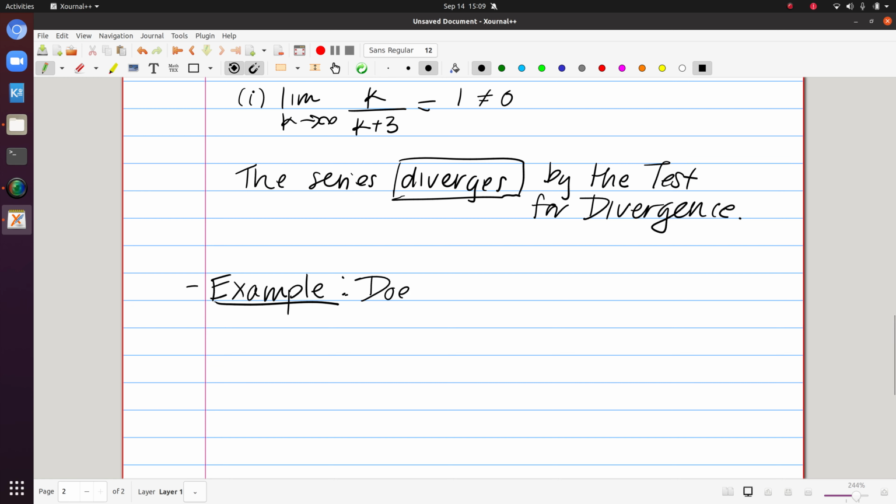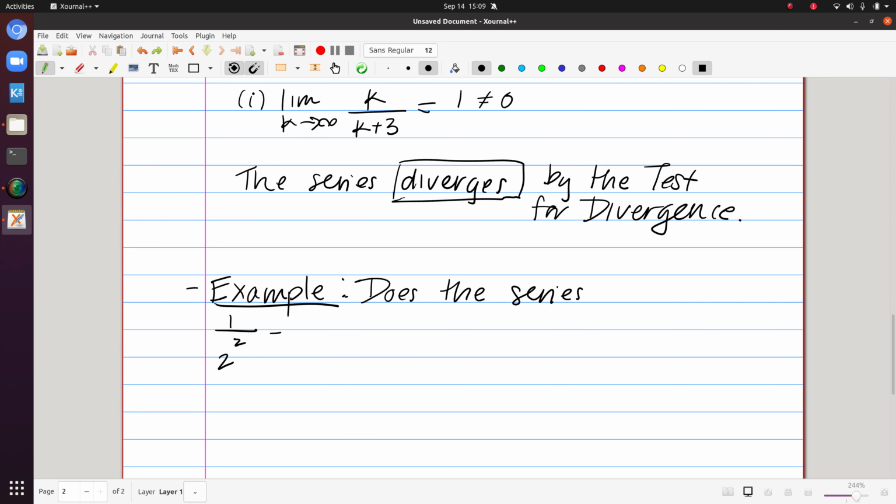So here, suppose we're asked, does the series 1 over 2 squared minus 1 over 2 cubed plus 1 over 3 squared minus 1 over 3 cubed plus 1 over 4 squared minus 1 over 4 cubed, and so on, converge? I meant to make this alternating. Does this series converge is the question.